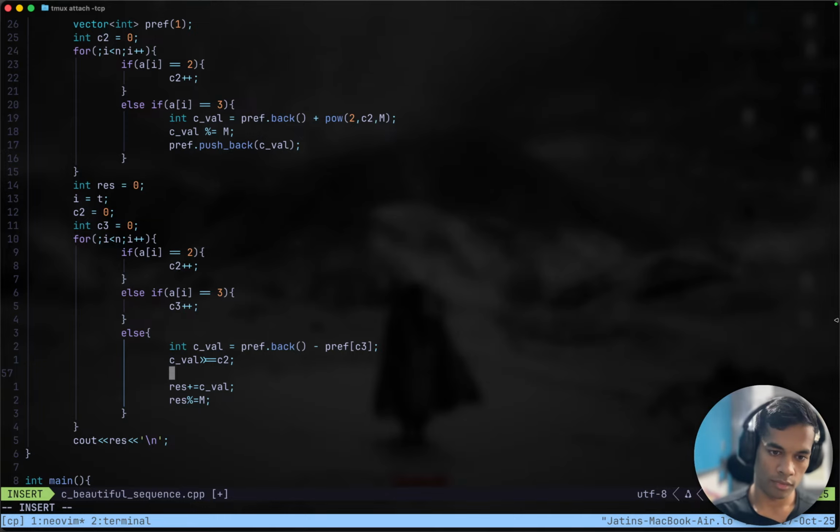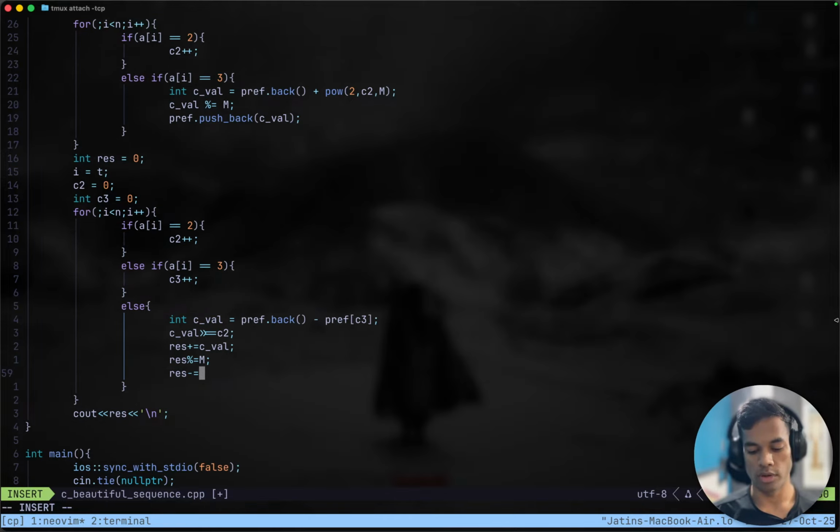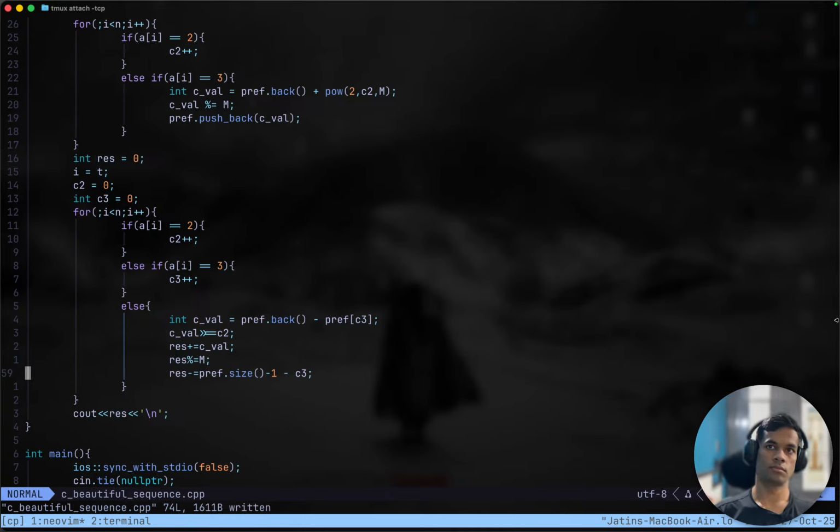Yes, after doing this, what you have to do is this minus equals, we have to subtract some value from this, which is ref dot size minus 1, which is the total number of threes that we have seen, minus the number of threes that we have seen, which is c3. And we are only doing this when we are currently at a 1.